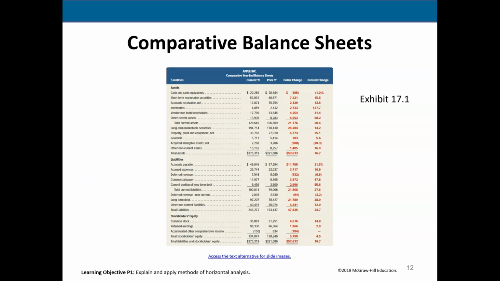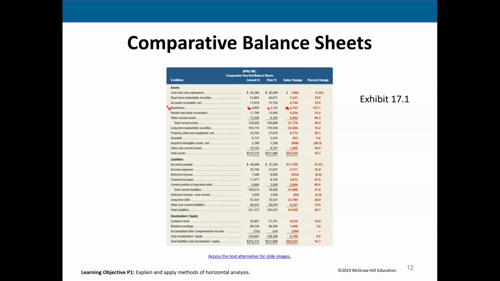Okay, this is an example of a balance sheet. And let's take inventory. Okay, so we're going to look here at the inventory. The current year is 4,855. The previous year, so the year before, is 2,132. The dollar change in that is 2,723. So that's a significant dollar change.